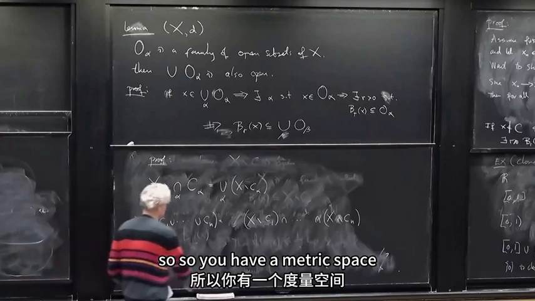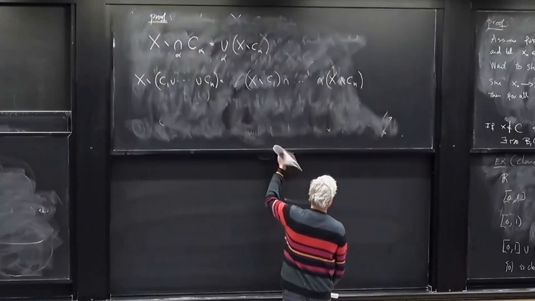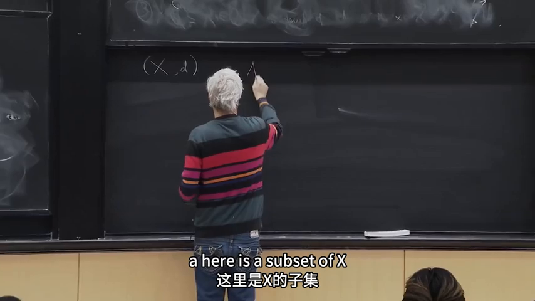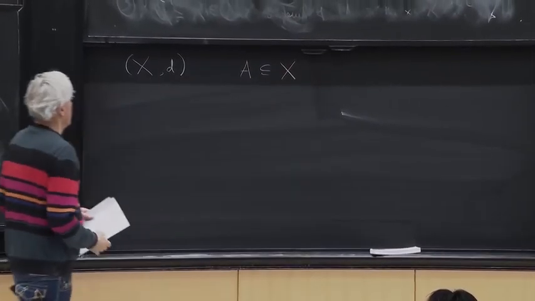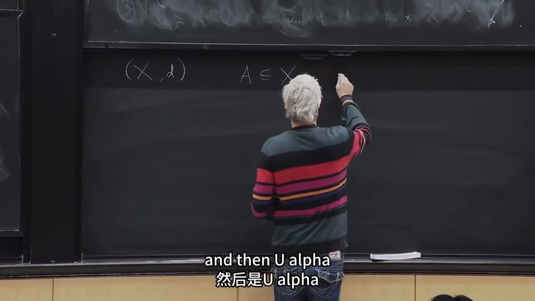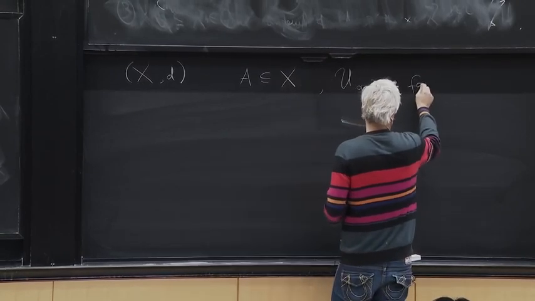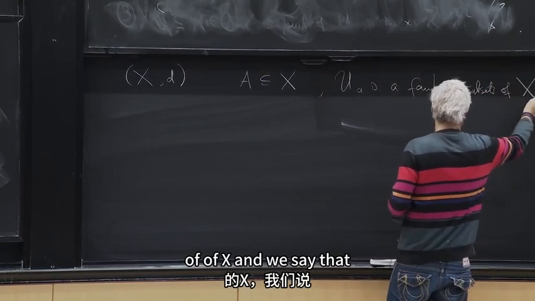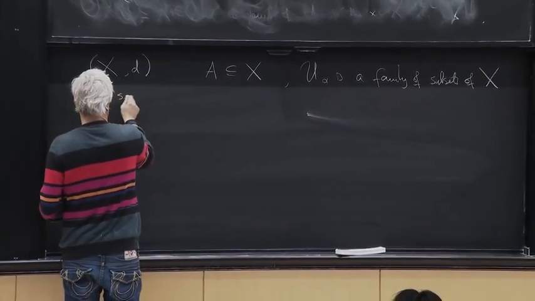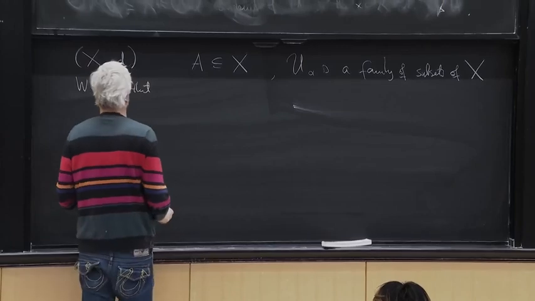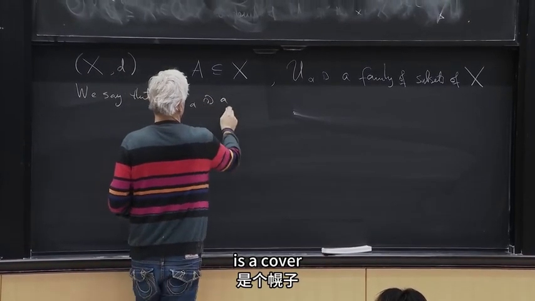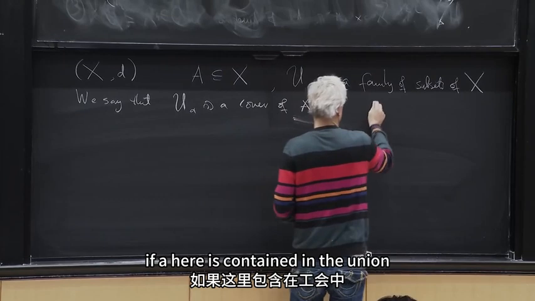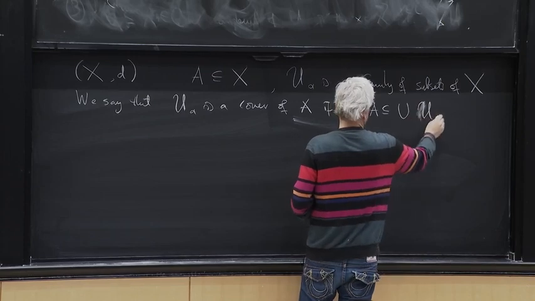So you have a metric space X, and we have a subset A of X. And then we have a collection, U alpha, a family of subsets of X, and we say that U alpha is a cover of A if A is contained in the union of the U alphas.